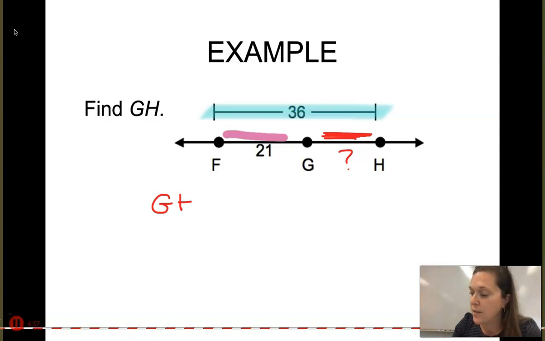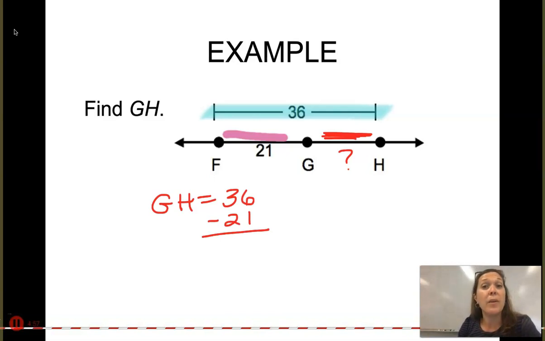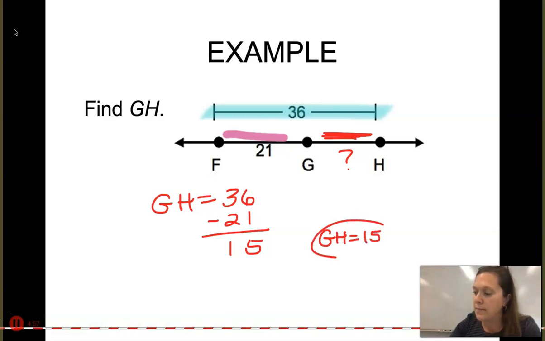GH is going to be equal to 36 minus 21. I put it below because that's how I visualize doing subtraction. 6 minus 1 is 5. 3 minus 2 is 1, so 15. My final answer says that the length of GH is equal to 15. Simple as that. Don't make it any more complicated than that.